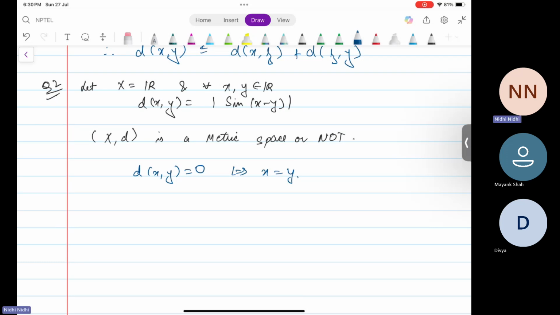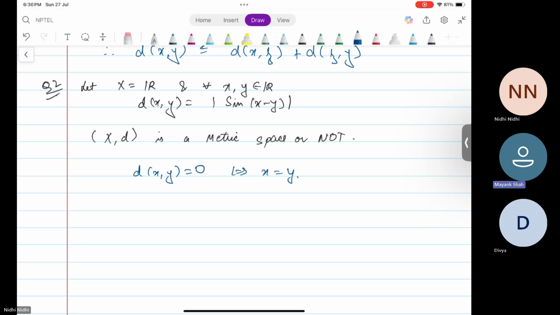Yeah, triangle inequality. Okay, so can you explain how triangle inequality is violating? Because I didn't go to that. I got a contradiction at the second step itself. So can you tell me how it is violating triangle inequality? Yes, ma'am.